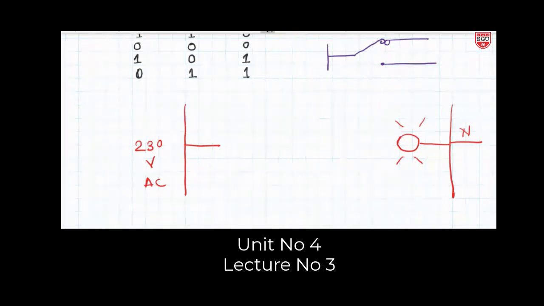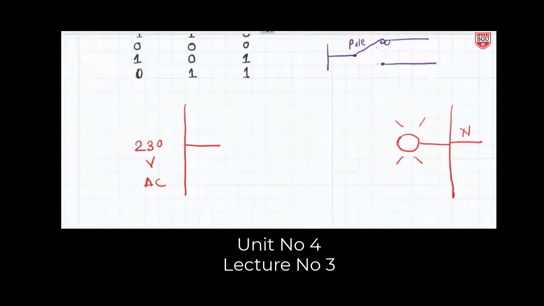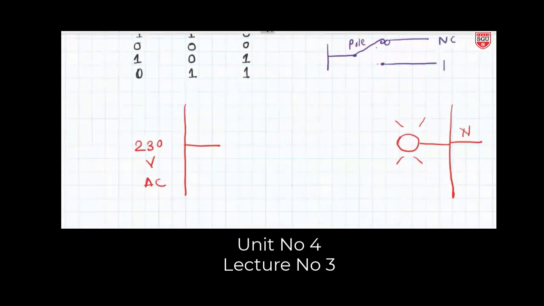Here it is called a pole, and it has two throws. When this switch is connected in this condition, we call it NC, normally closed. This is the normally open condition.